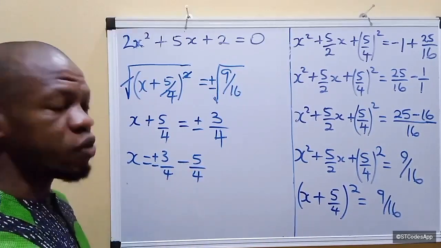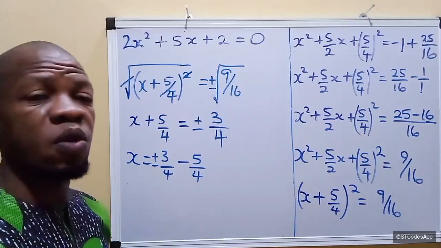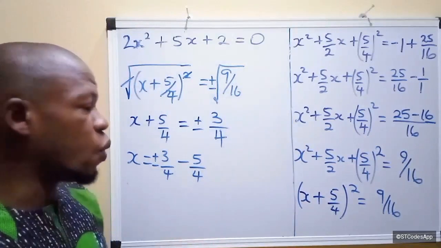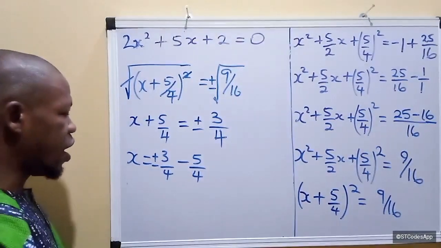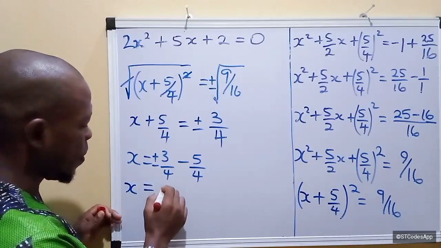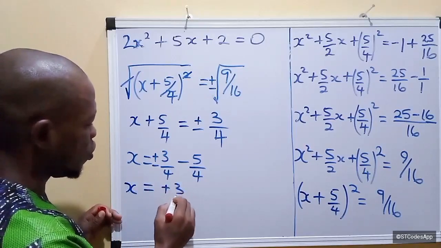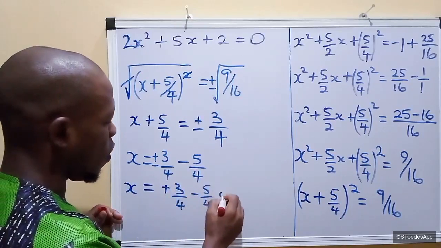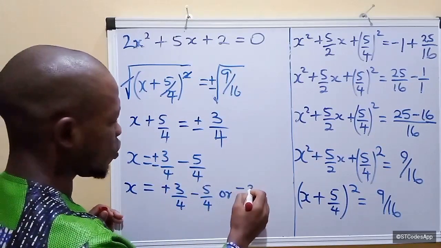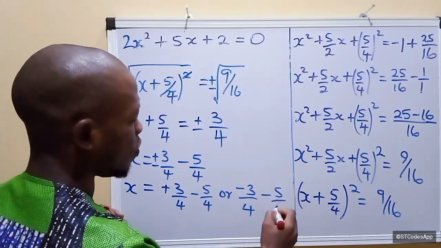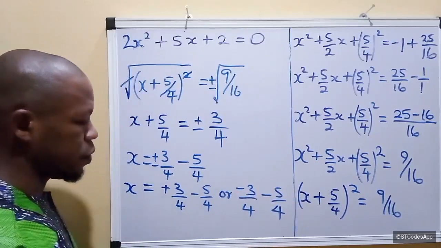Meaning that we're going to get two answers here. You remember that for a quadratic equation, we must end up with two roots of the equation. So here, x is either going to give us plus 3 over 4 minus 5 over 4 or minus 3 over 4 minus 5 all over 4.